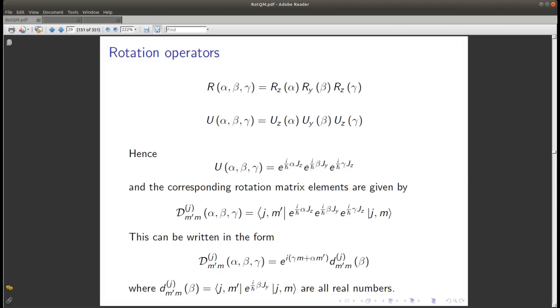So the only reason why in quantum mechanics we use a ZYZ convention for Euler angles is to ensure that apart from these simple pure phases, the rest of the matrix elements are all purely real.